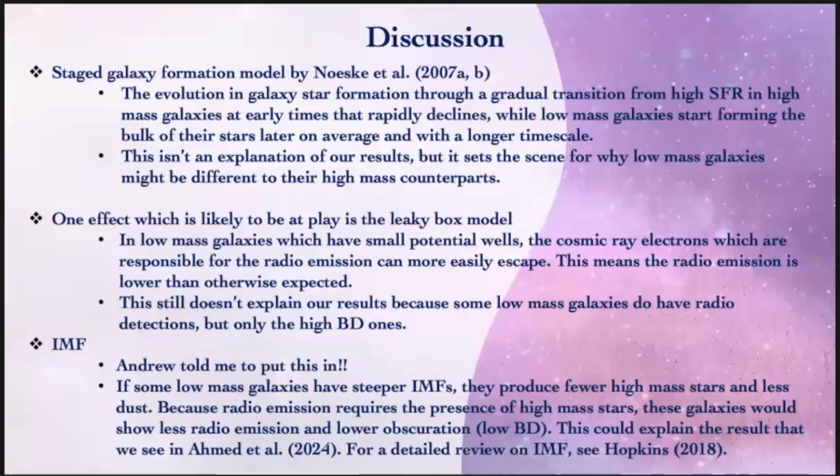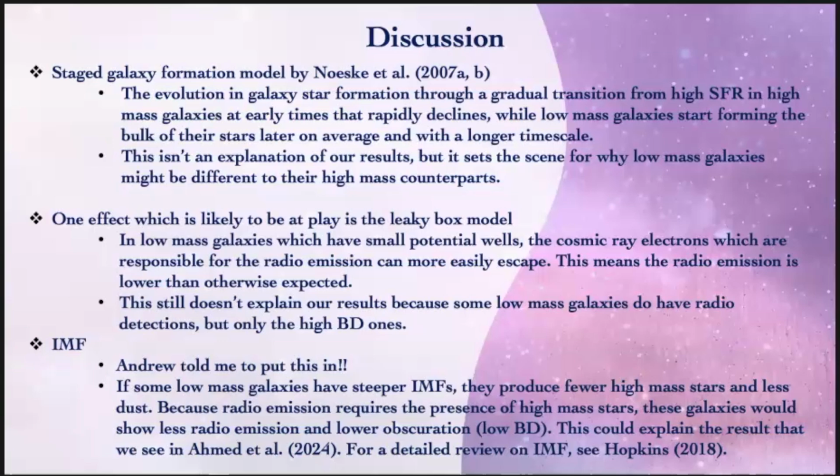With that in mind, we added another explanation with the possible variation in the IMF, or initial mass function. We are aware that radio luminosity from star formation is associated with high mass stellar populations. It's the high mass stars that produce the supernovae, whose ejecta accelerate the cosmic ray electron population to produce synchrotron emission at radio wavelengths. These high mass stars also have higher levels of obscuration.